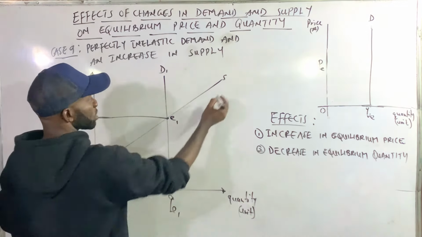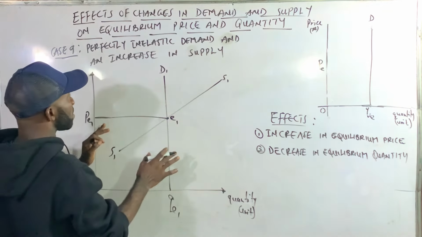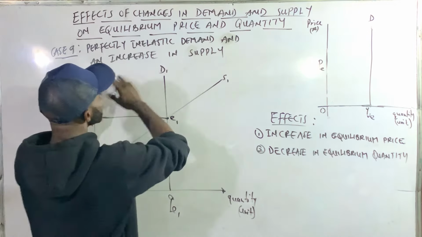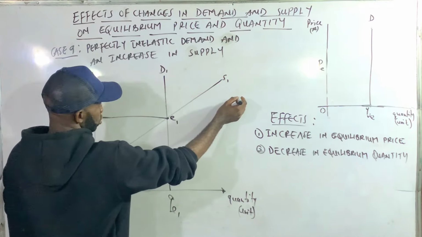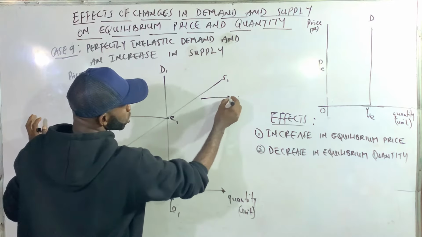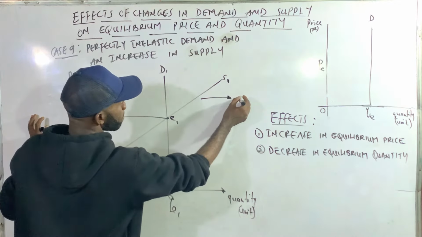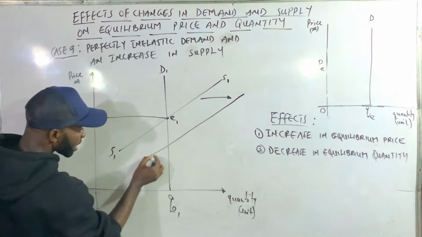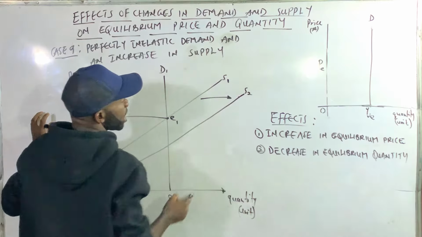When we have S1, and we are to obey this instruction, this is perfectly inelastic demand, and then they said an increase in supply. Increase in supply, like we showed in the previous lecture, is a rightward shift of the supply curve.